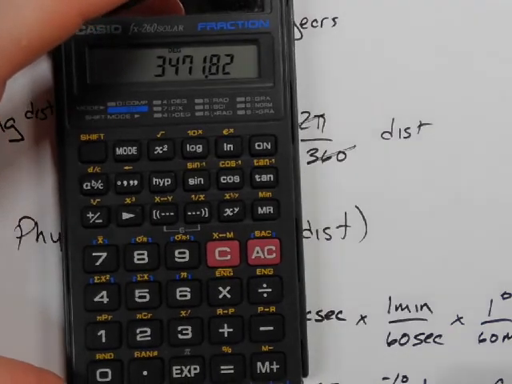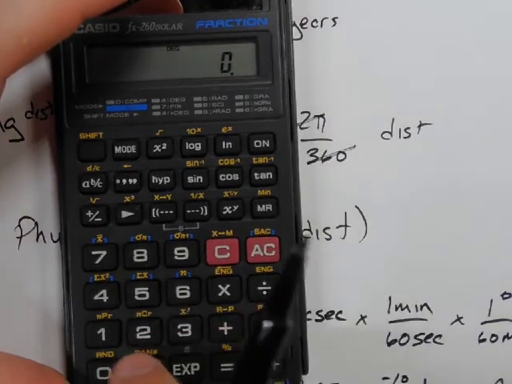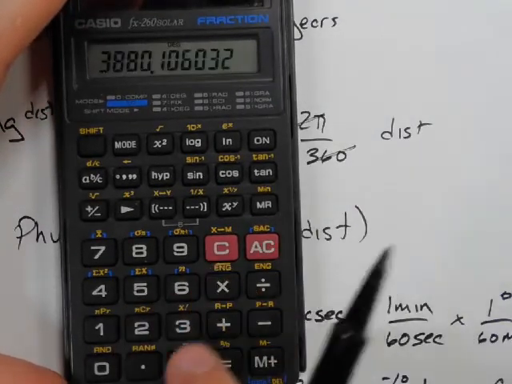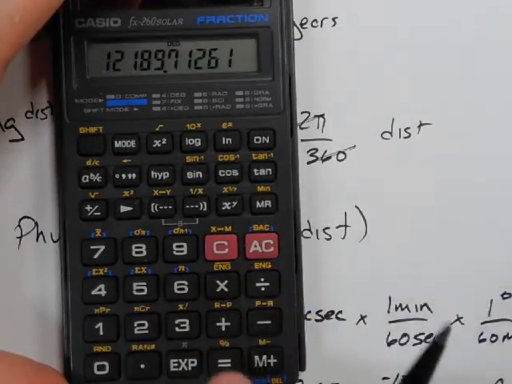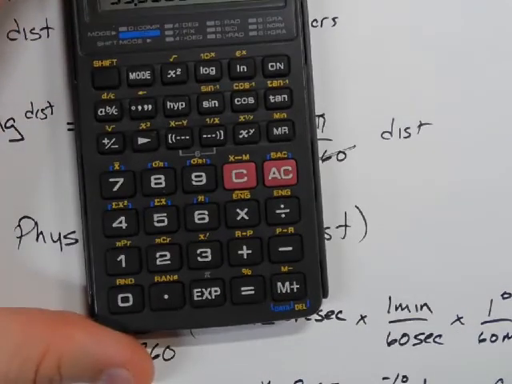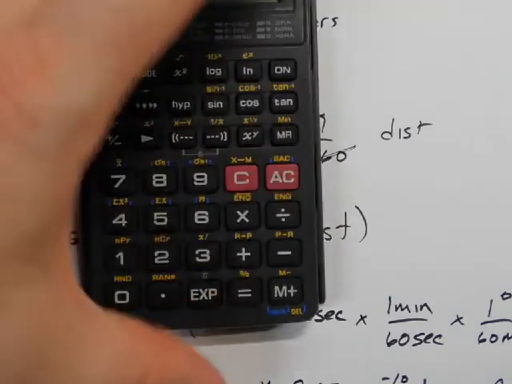Anyway, so we have that times 0.5588 times 2 times pi divided by 360. And what we get is you would need something 33.8 kilometers big.